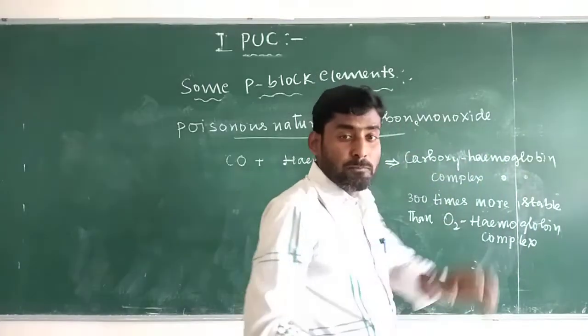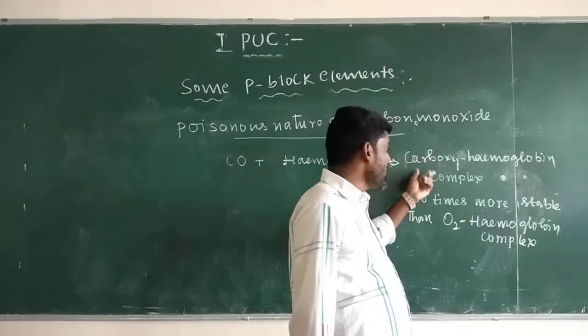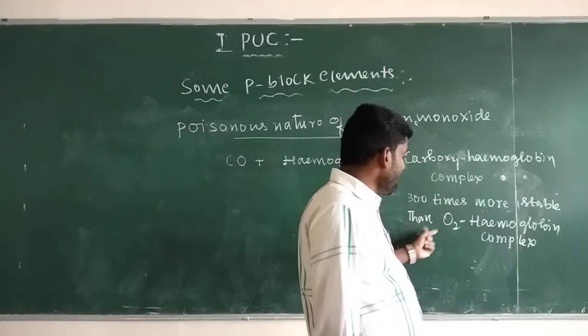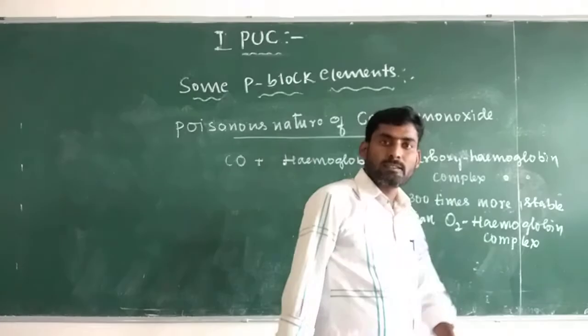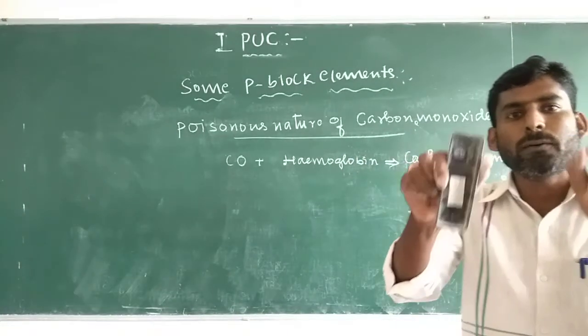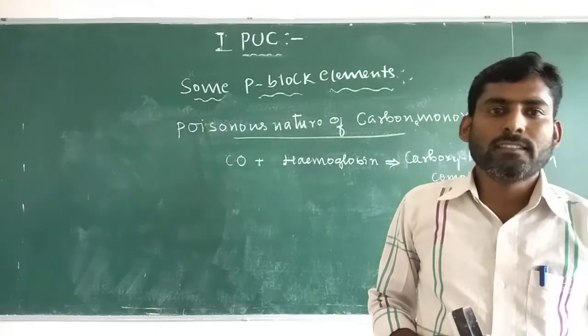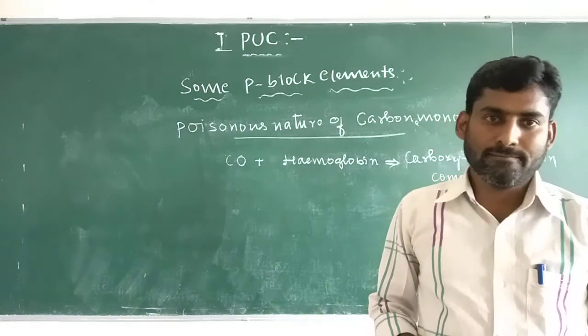Hence, because of the 300 times more stability of carboxyhemoglobin complex than oxygen hemoglobin complex, it prevents the supply of oxygen to the various parts of the body, thereby leading to death.